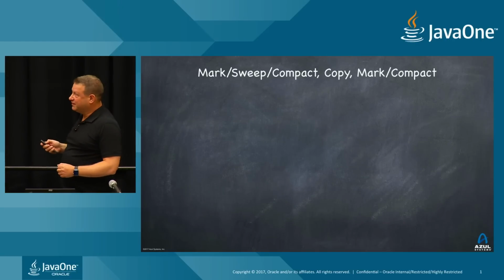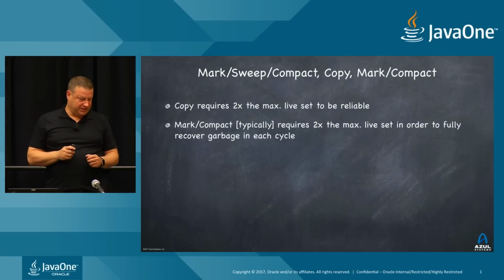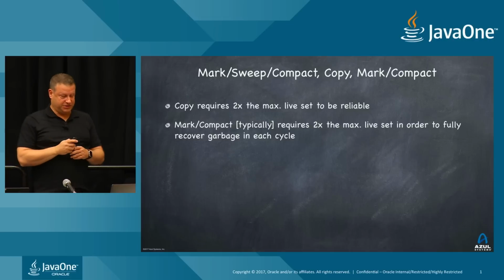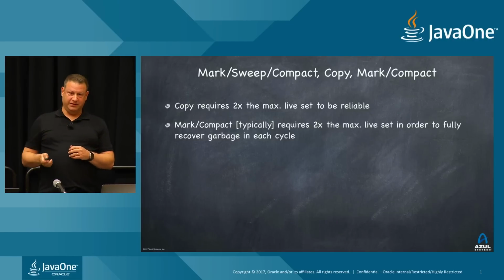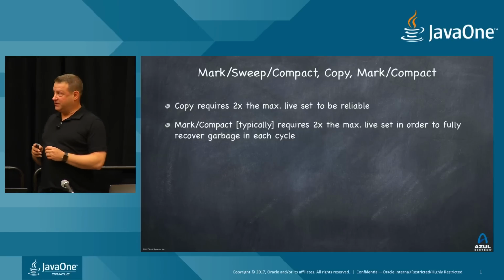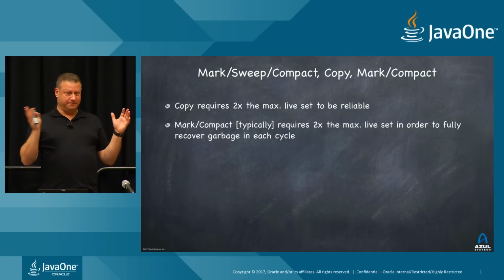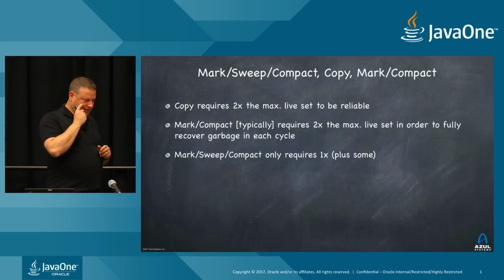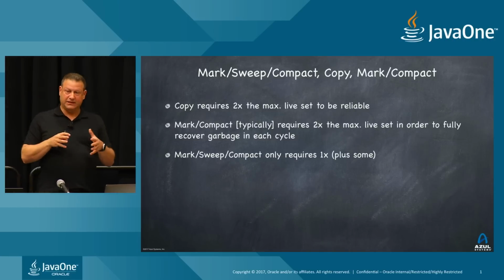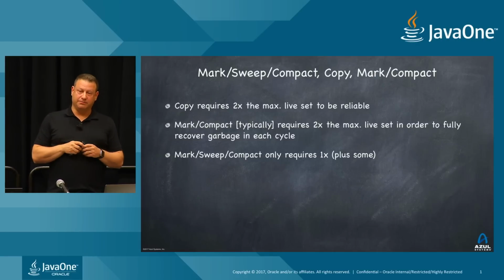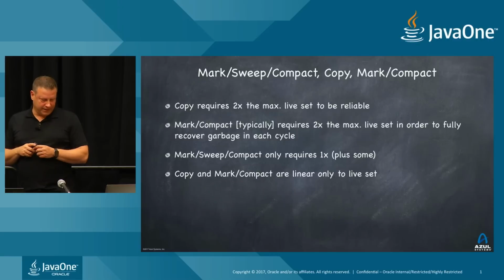That's the simple one. So looking at some of the qualities, copying requires 2x because of what I just said. A mark compact without the sweeping, an evacuating mark compact, might need 2x the memory to do a full compaction, but it could stop in the middle because it's doing a region at a time. A mark sweep compact with compact in place doesn't need extra memory to compact. That's a nice plus.